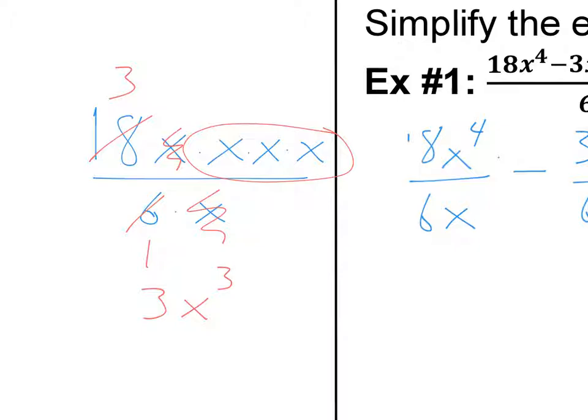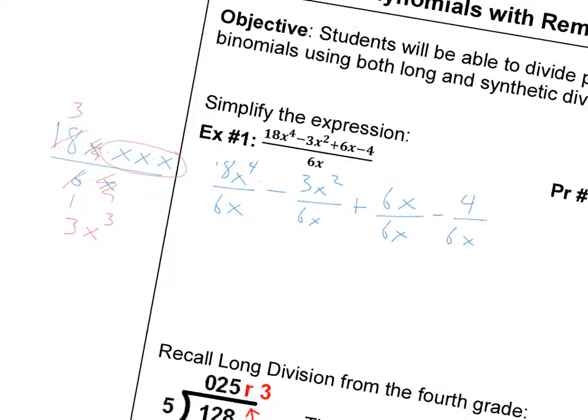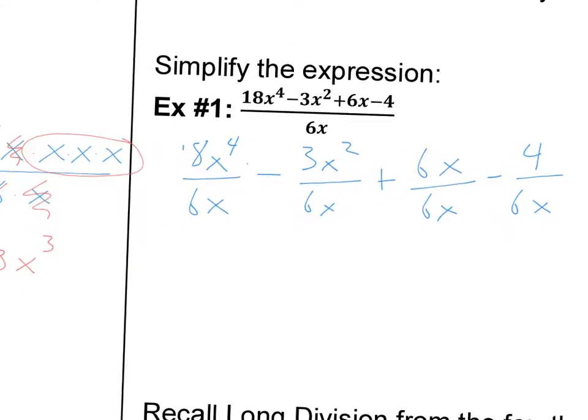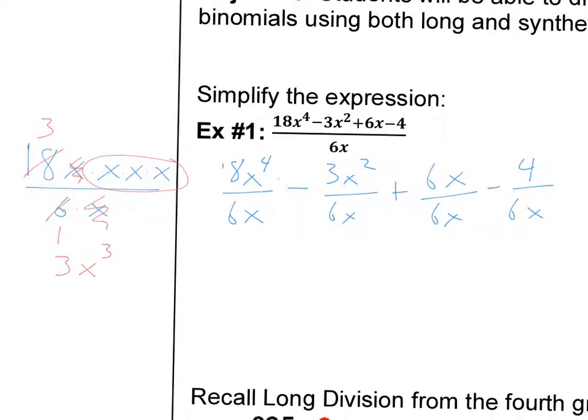Now, that's a long way of doing it, and I just did that to kind of explain how we're going to get our reduction here. But let's take a look here. We got 18 divided by 6, that's 3. And x to the fourth and x to the 1 is really what this is. And so we can really just say, well, I have 4 x's on top, and I'm dividing out one of them, or I'm taking away one of them.